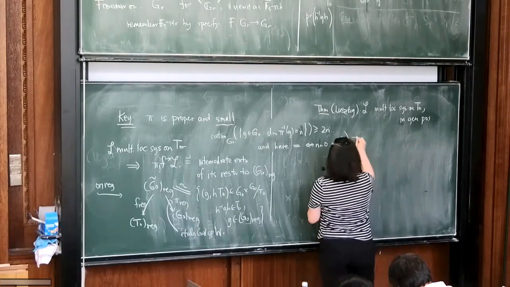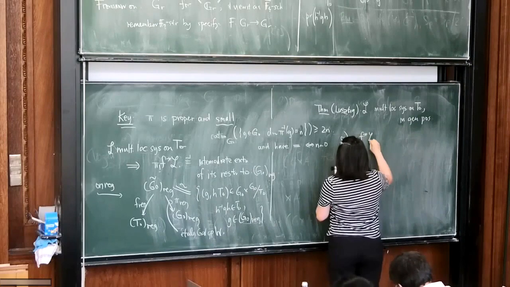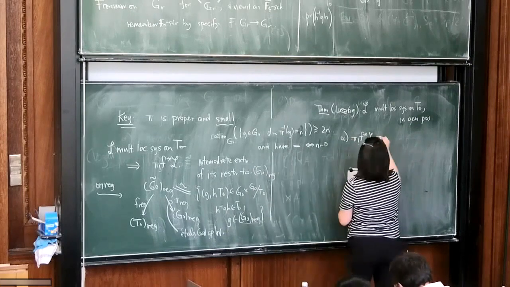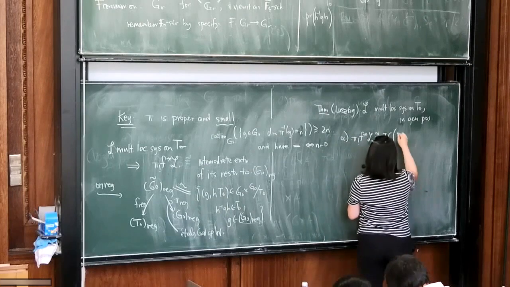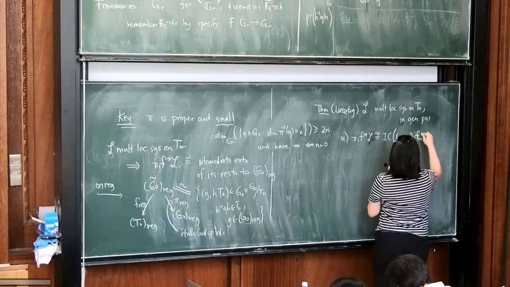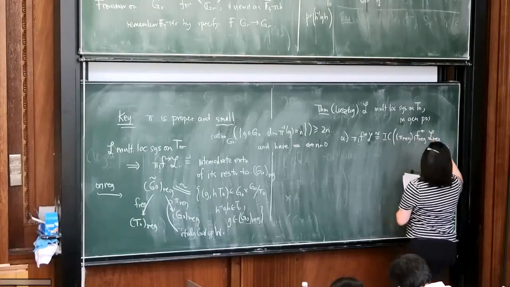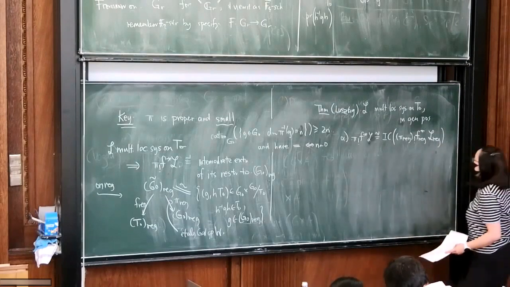And so this is what I have. I'll first write down what I already said over here, which is that this push-pull is the same as the intermediate extension on the regular part. And L reg, I simply mean the restriction of this local system L to the regular part.